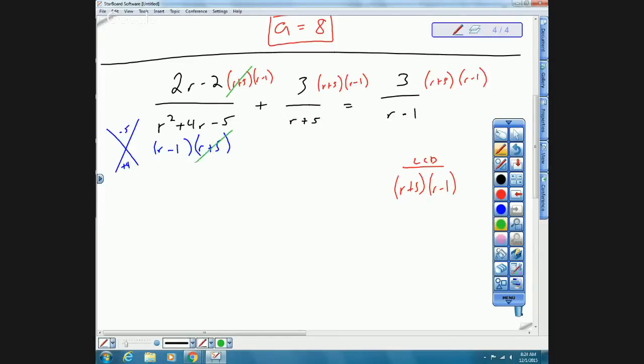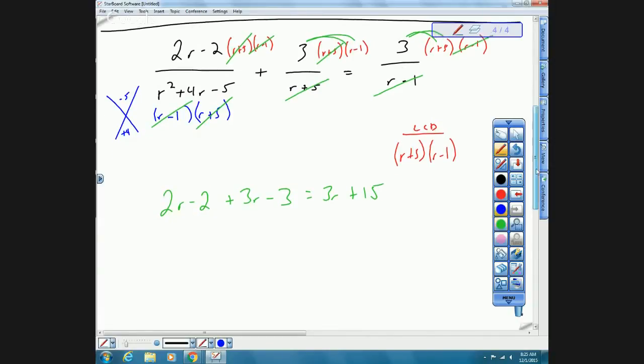so here everything cancels out. r plus 5, r plus 5, r minus 1, r minus 1. So that one just becomes 2r minus 2. Here the r plus 5s cancel out, so distribute the 3 and get 3r minus 3. Here the r minus 1s cancel out, distribute that 3 and get 3r plus 15.